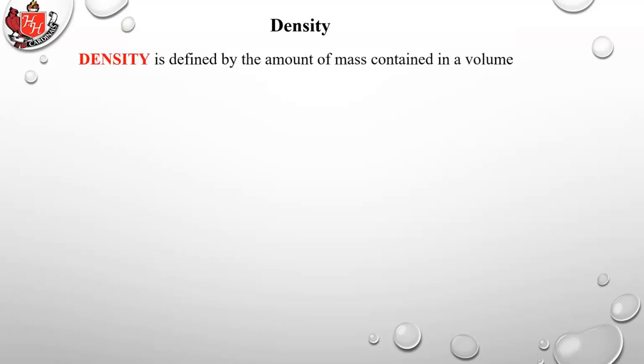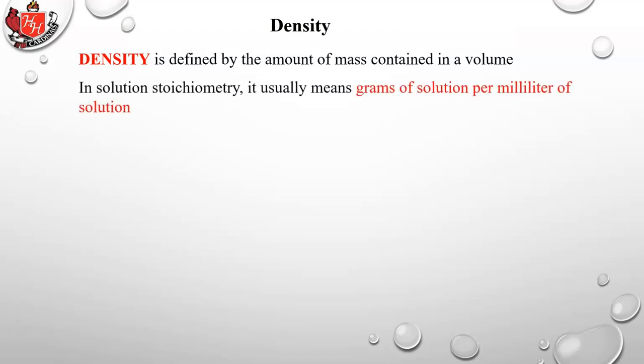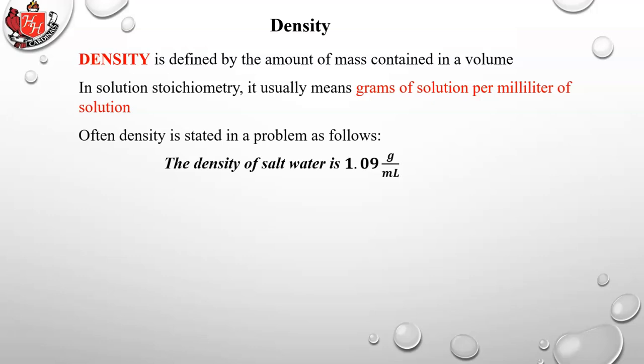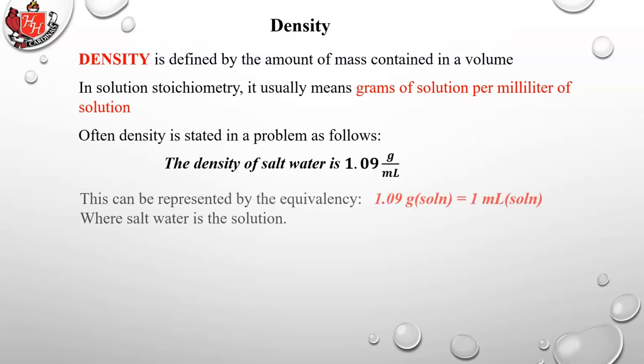Now, density is defined by the amount of mass contained in a volume. In solution stoichiometry, it usually means grams of solution per milliliter of solution. So often density is stated in the problem as follows. The density of salt water is 1.09 grams per milliliter. Now you can convert that into an equivalency the way we like to do in stoichiometry.